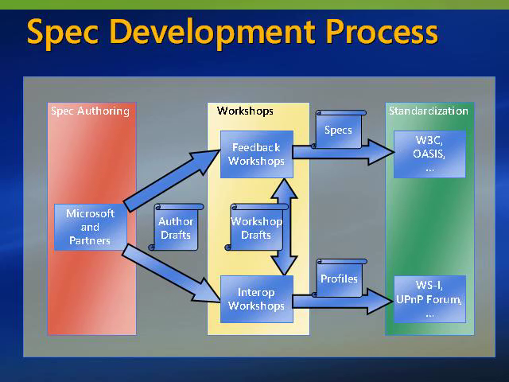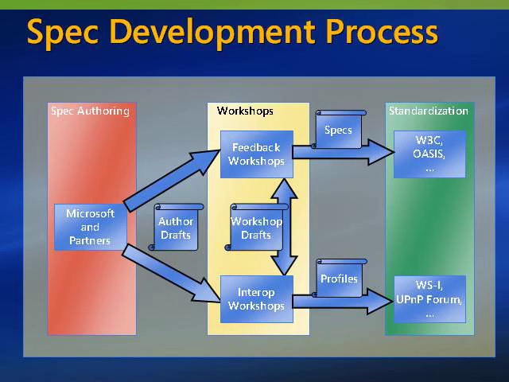Microsoft and partners, we basically take the industry leaders. Sometimes we're one of them. So IBM is one. BEA is typically one. RSA for security, VeriSign for security, SAP for policy, TIBCO for reliable messaging. We take all those folks that have significant interests in the market and thereby have a lot of experience in that particular domain, and we go write specs together.